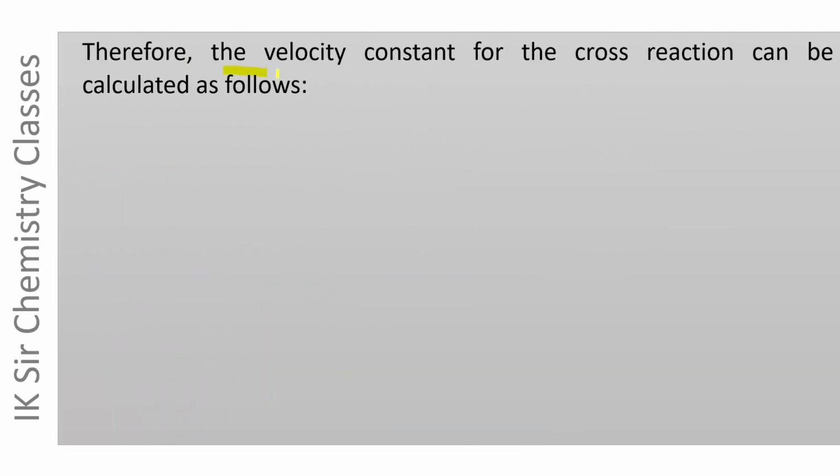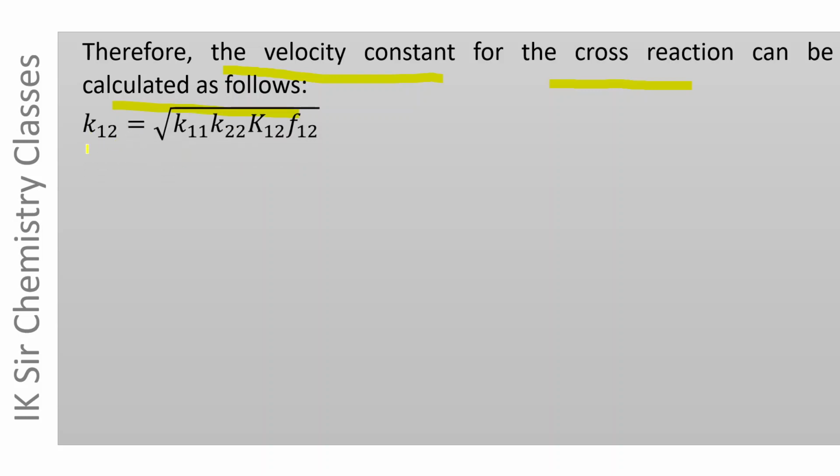Therefore, the velocity constant for the cross reaction can be calculated as follows. We have seen that the velocity constant for the cross reaction, that is K12, is equal to the square root of K11 into K22 into capital K12 into F12.